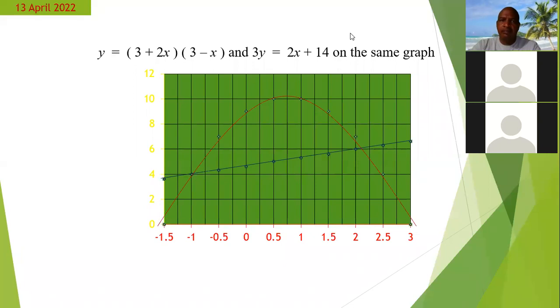Now, what I'm going to do is allow you to start the graph exercise that you would have screenshotted earlier with the tables, and you were asked to do those graphs.